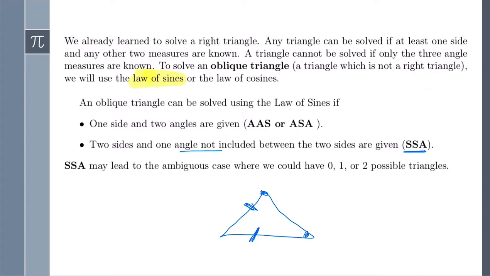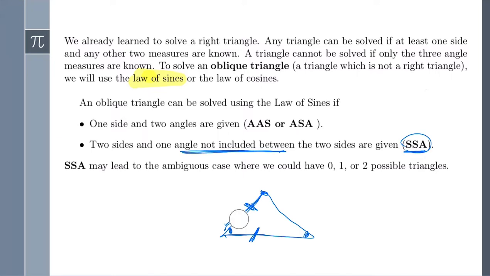The angle not included means it's the angle that is not formed by those two sides. So if we are given a side, this angle, and this side, we cannot use the law of sines. In that case, we have to use the law of cosines, which we'll discuss in the next video. So it's very important the way that you read it. We are given a side, the next given thing is again a side, and then an angle, okay?